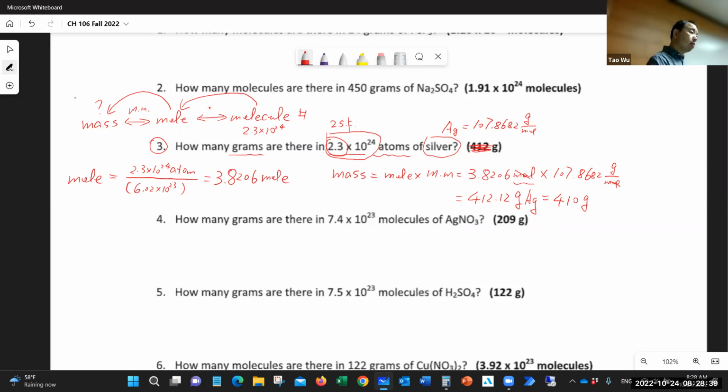So very, very important is looking at the map and converting from one to the other. Look to see what we have, and then find what we need. Based on the map, go one by one. All right, so let's take a break, and then we will talk about something new.